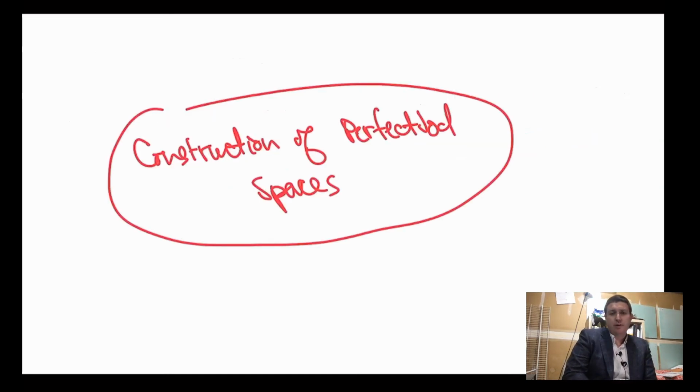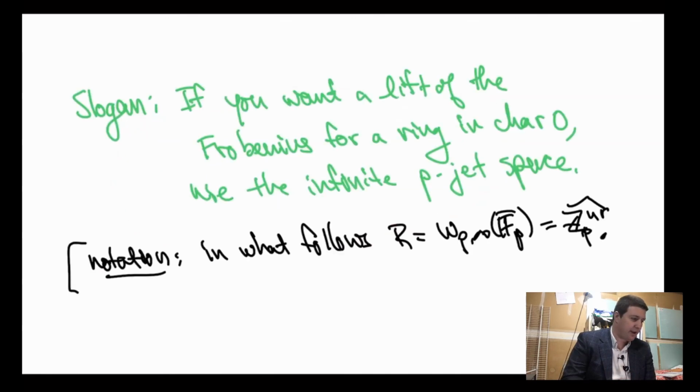Okay, so now with my very limited remaining time, I am going to talk about this Buium-Miller construction of perfectoid spaces using arithmetic jet spaces. The main slogan that I think is useful is that if you have a technique where you use the Frobenius for something in characteristic P, but you want to use it in characteristic 0, there is a free construction of a scheme with a lift of Frobenius, which is the infinite jet space, right?